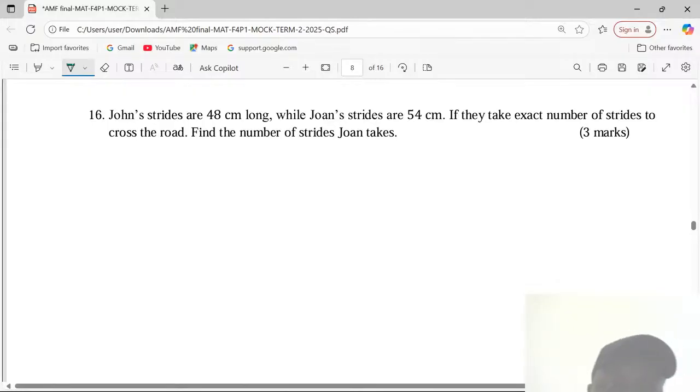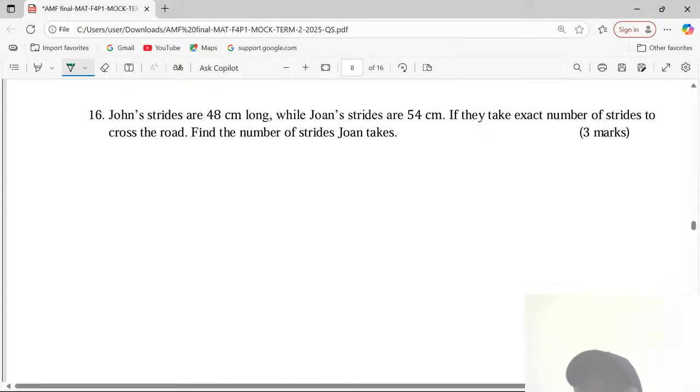And we are told that John's strides are 48 centimeters long, while Johan's are 54 centimeters long. If they take an exact number of strides to cross the road, find the number of strides Johan takes. The first thing that we are supposed to find is the size or the width of the road that they are crossing.